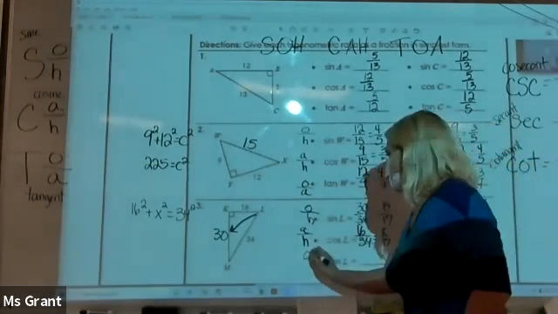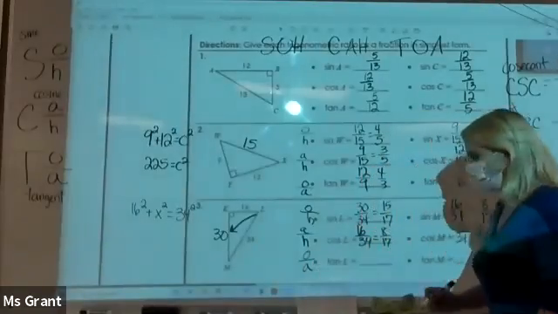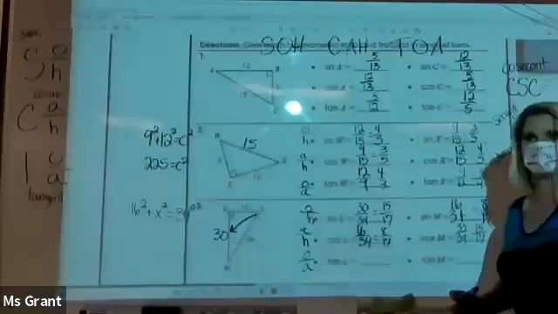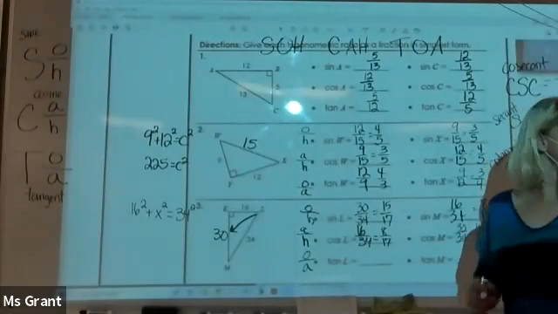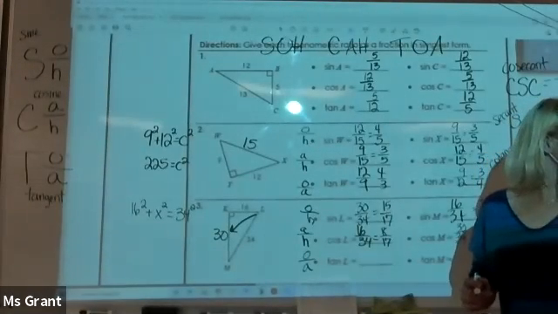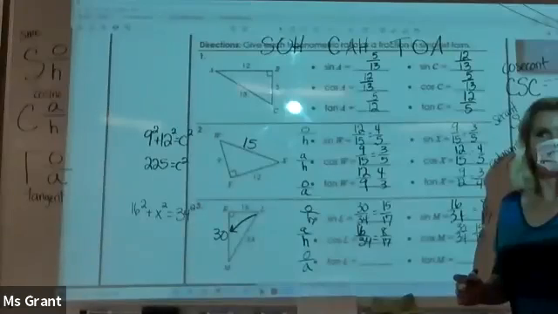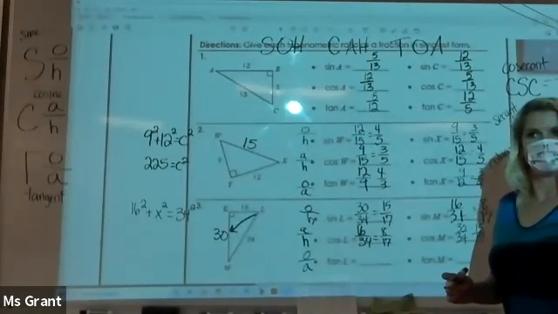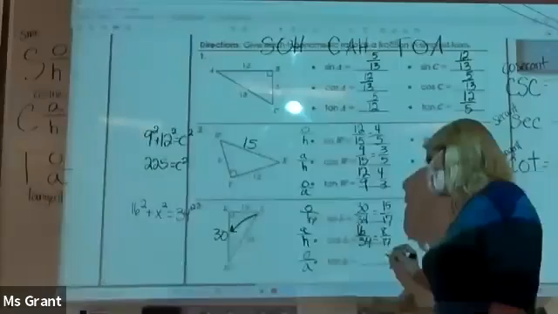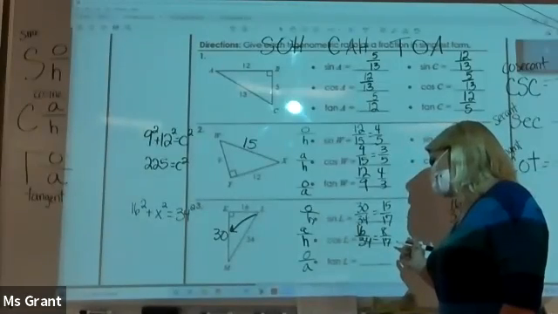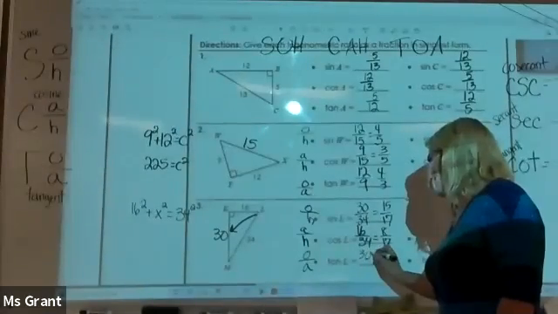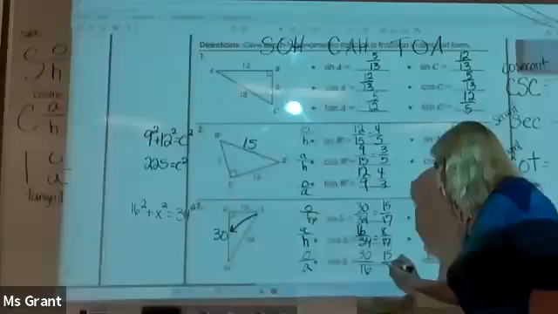Tangent, opposite over adjacent. Angle L. 30/30. Oh wait, 34. I think it's 30 on top over 16. 15/8.